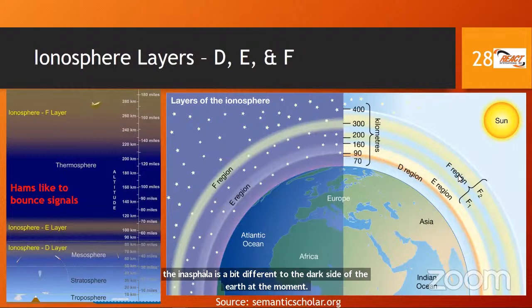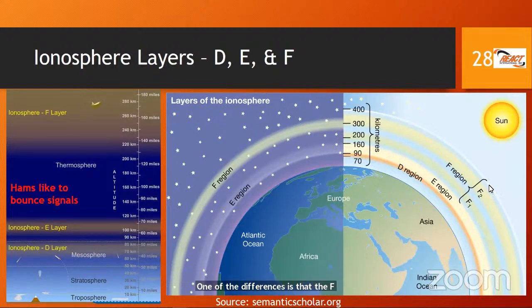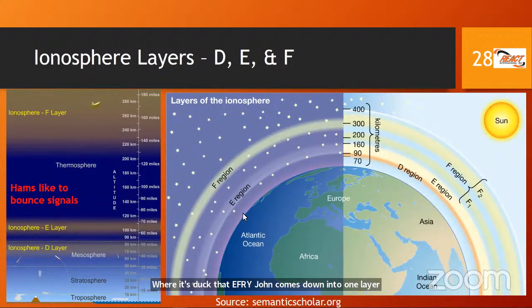One of the differences is that the F region is usually split into two, the F1 and F2, where there's daylight, where the sun is striking the Earth. Where it's dark, that F region comes down into one layer. And those are important things for the future, for your course.